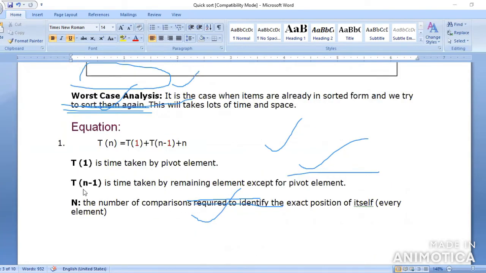In the sorting algorithm, we have complexity. So what is the complexity here? We use three types of complexity, three cases: one is worst case, second is best case, third is average case.